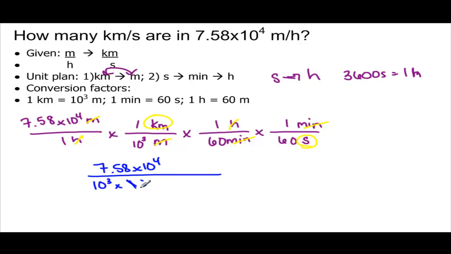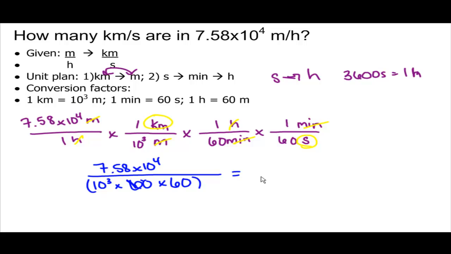Oh, my computer's not cooperating. There we go. 60 times 60. Now, when you put this in your calculator, be very careful because you need to have this in parentheses. You need to follow the correct order of operations. So make sure that when you put that in your calculator, you put it in correctly.